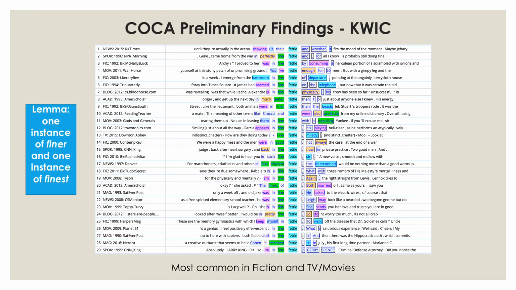We can use the keyword in context feature in order to give a more in-depth analysis. I'm just going to give a quick and broad overview of the things I've noticed. So you can see in lines 9 and 20, there are instances of lemmas finer and finest. You can see in line 9, in finer fettle, and in line 20, the finest of fettle.